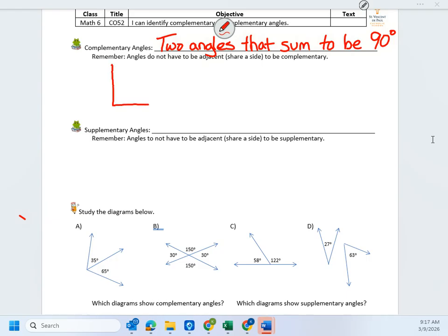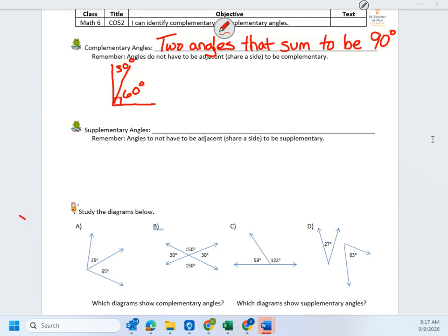Now, we can see these presented in two different ways. One, they might be touching. So we might have something like this, where it's 30 degrees and 60 degrees, and we might see that box showing that it's a right angle, because remember, 90 degrees means right angle.